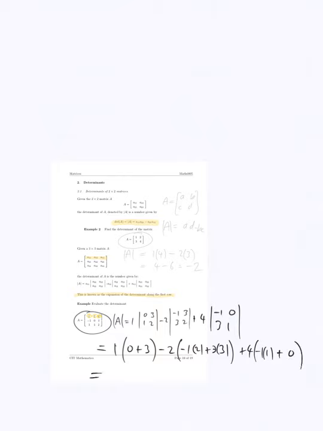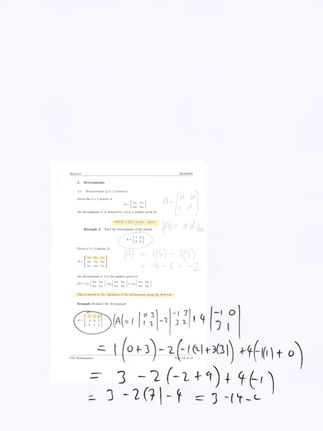So that gives me 3 minus 2 times minus 2 plus 9 plus 4 times minus 1, which gives me 3 minus 2 times 7 minus 4, which is equal to 3 minus 14 minus 4, which gives minus 18 plus 3 is minus 15. So that's an example of calculating a determinant for a 3 by 3 matrix.